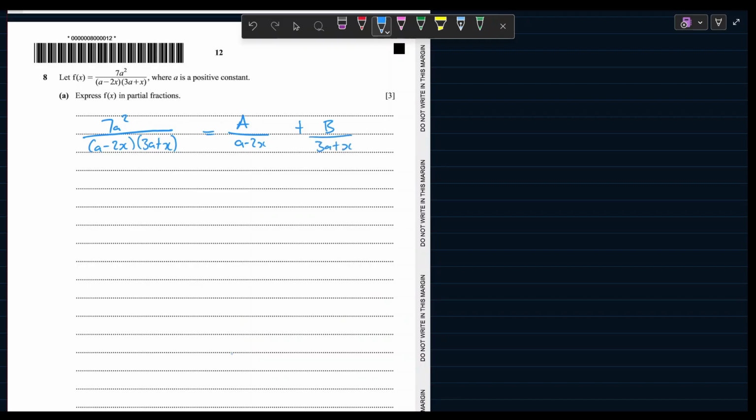Multiply through by (a minus 2x)(3a plus x) to get rid of all our denominators. So we've got 7a squared is equal to A times (3a plus x) plus B times (a minus 2x).